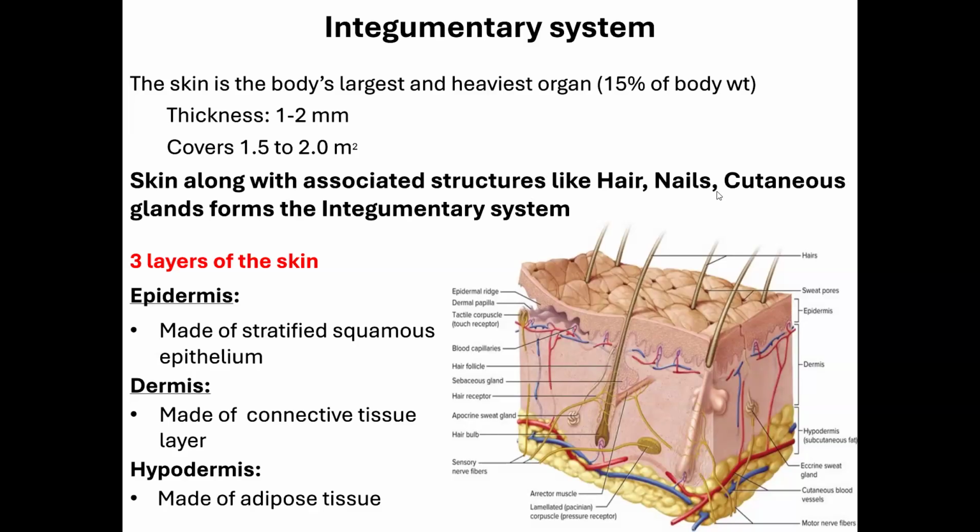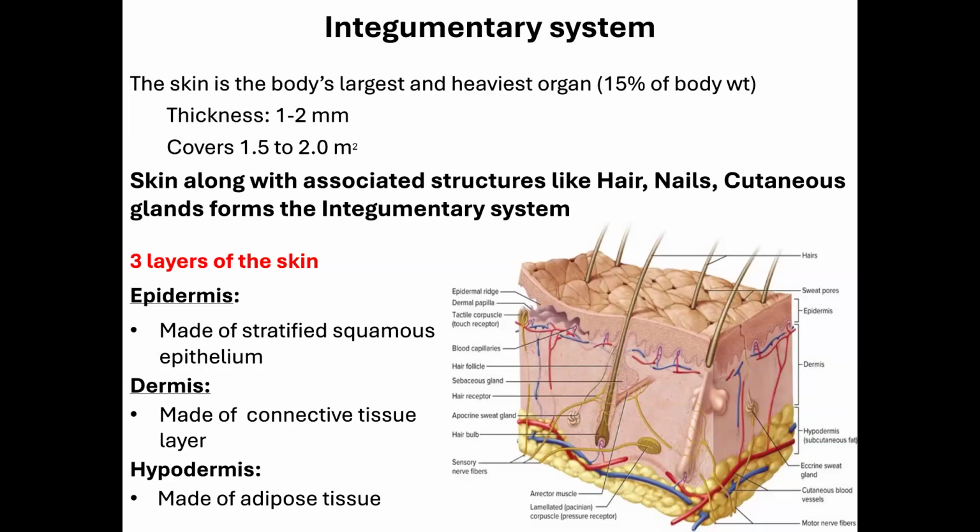But when you talk about skin, you also have to talk about the nails, hair, cutaneous glands, and all together, we're going to call this the integumentary system. So we are going to talk not only about the skin, but all the associated parts. So we said the skin has 3 layers.